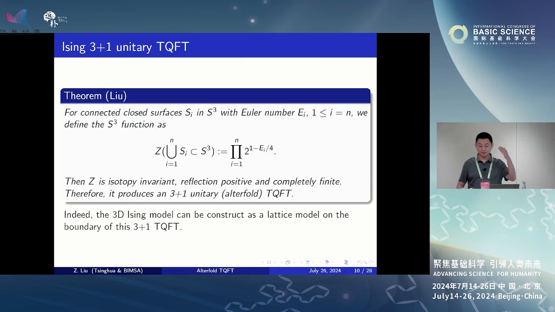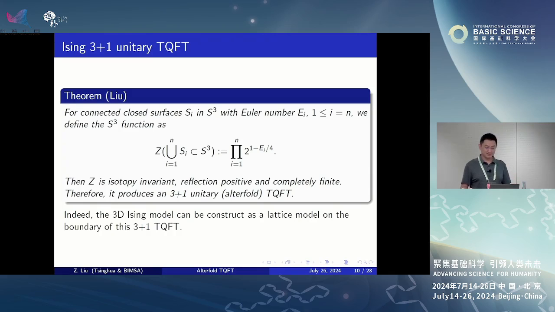And then we are going to define a function for this data. What's the function? We are going to take advantage of topology. So we want to define the function using some topological invariant of surfaces, and that will be the genus or the Euler number.